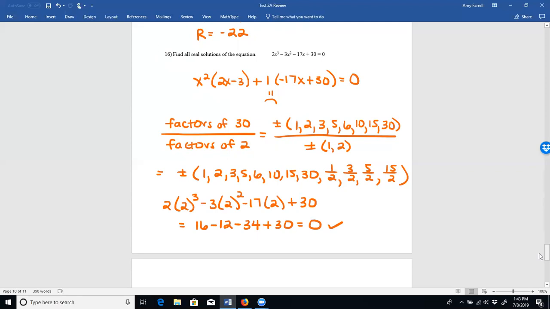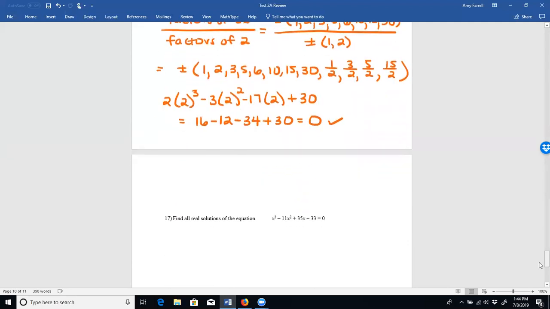That's supposed to equal 0. So we have found that x equals 2 is one of our solutions. So one solution, x equals 2.